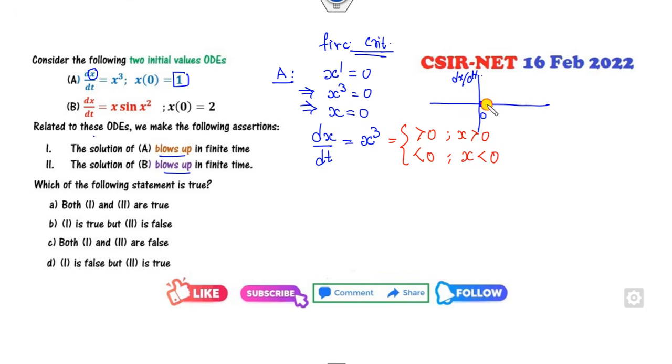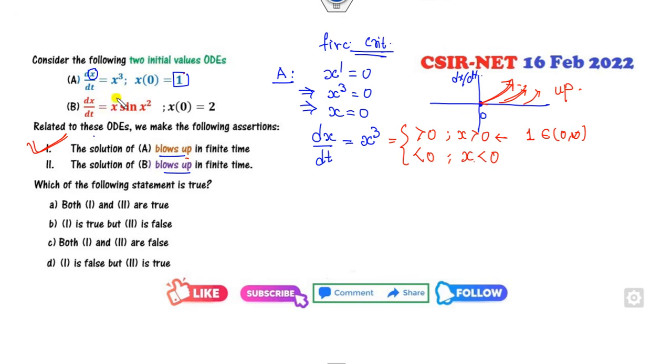So whenever x is positive, this value will be increasing. And this value lies in this case, 1 belongs to 0 to infinity, and you can see the graph of this is increasing, that means upward. So the first option is the correct one.